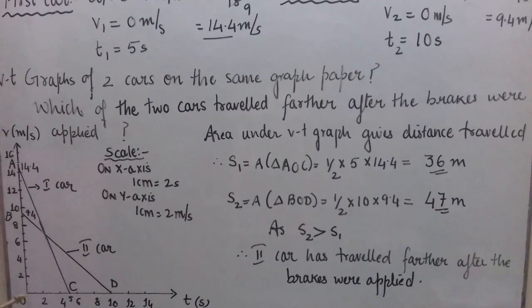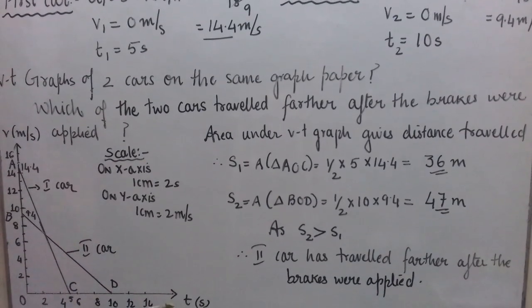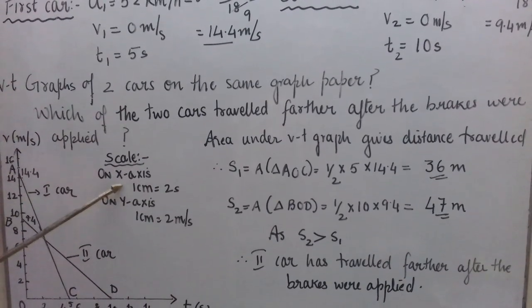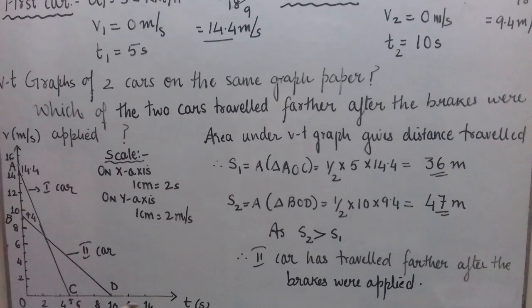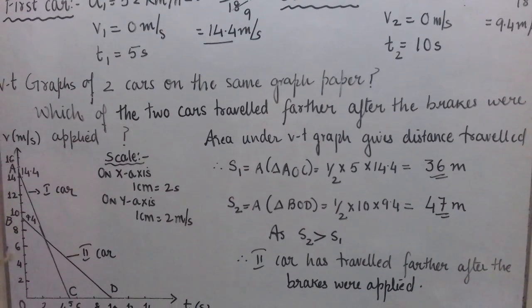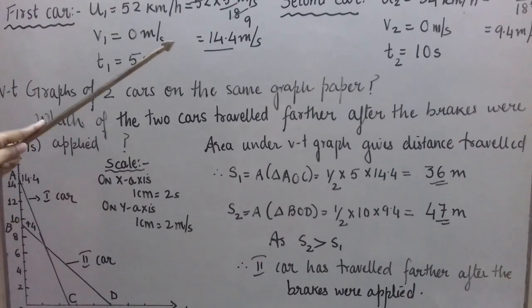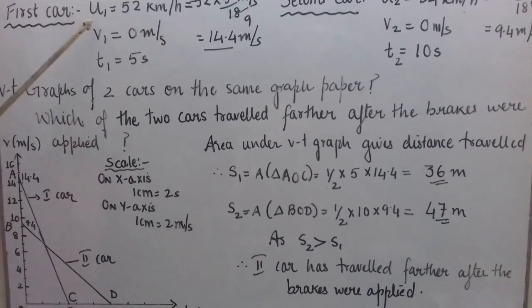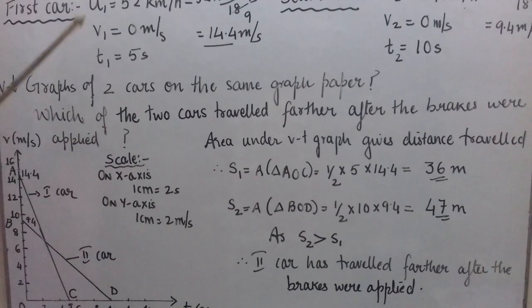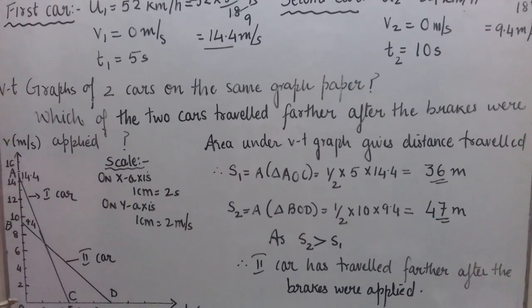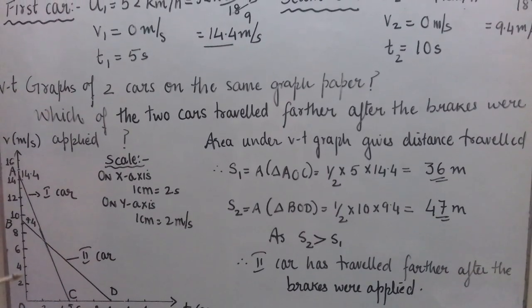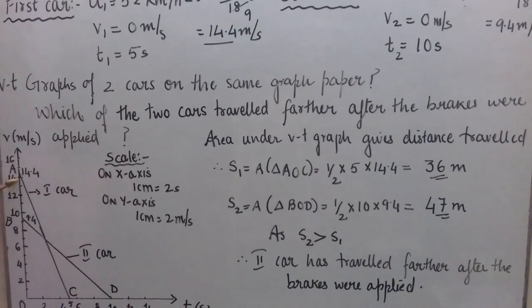You have to plot the velocity axis and time axis, label the axes, choose a scale and do the marking on both the axes. Now let us plot the graph. For the first car, U1 is 14.4 meter per second. U1 means when time is 0. So time is 0 here, and U1 should be 14.4.